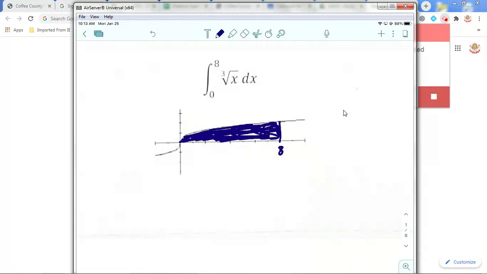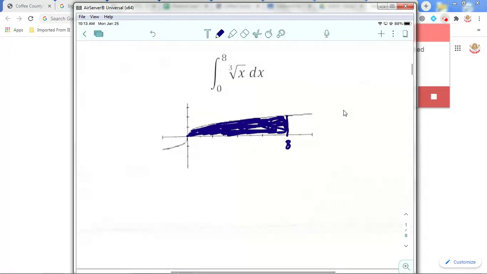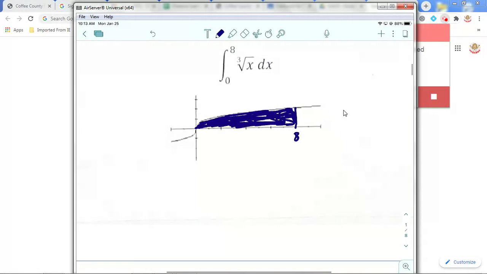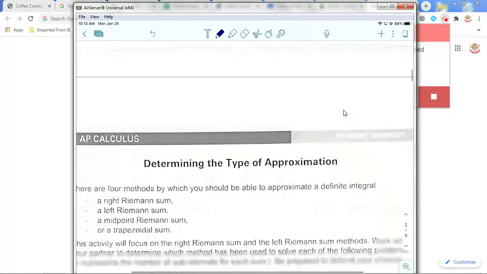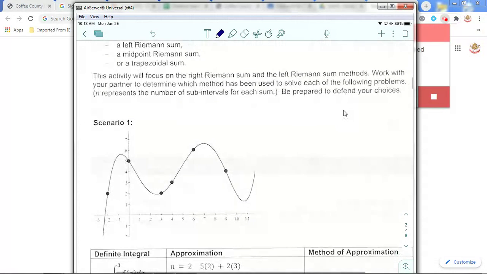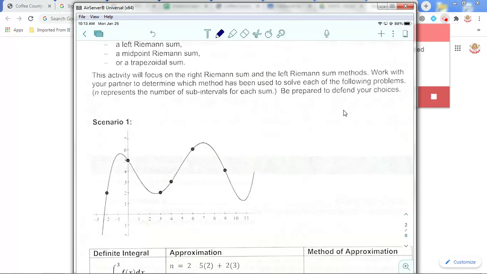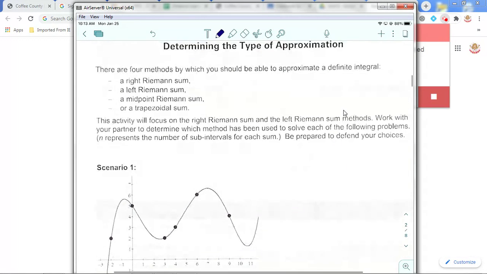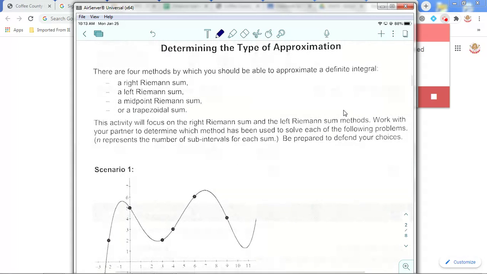We're going to be talking in this packet about a lot of the things we've already talked about. The difference is now we understand the integral notation, so we can look at it a little differently, but still using the same methods. As a reminder, there are 4 methods by which you can approximate a definite integral: the right Riemann sum, left Riemann sum, midpoint Riemann sum, and trapezoidal sum.